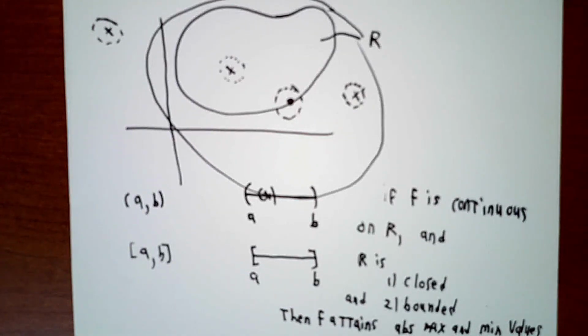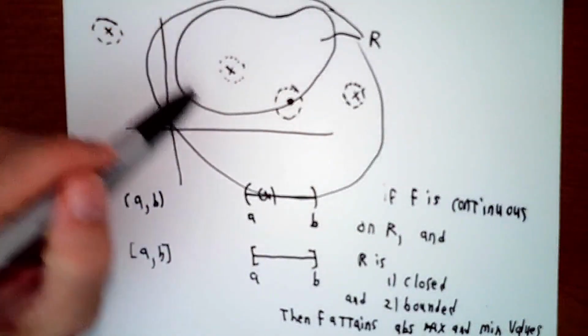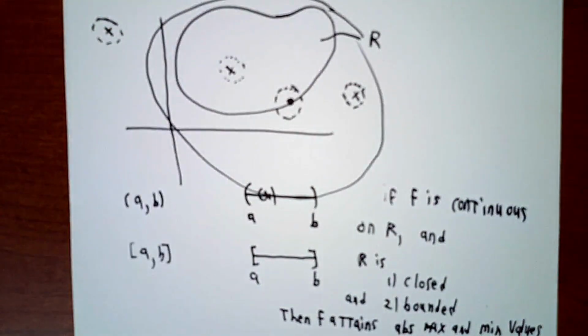So our basic plan is going to be the same as before. I'm going to figure out the gradient of the thing that I'm trying to maximize or minimize. I'm going to find out, are there any places within the region where that gradient is the zero vector or undefined? If there are, that goes on my list of candidates. That won't be difficult.